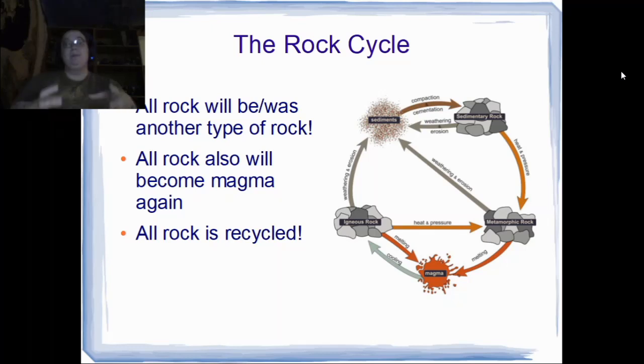So when you have two plates meeting, generally one will go under another, and the plate that's going under will eventually melt and turn back into magma. That magma will then generally come up onto a volcano and become igneous rocks.